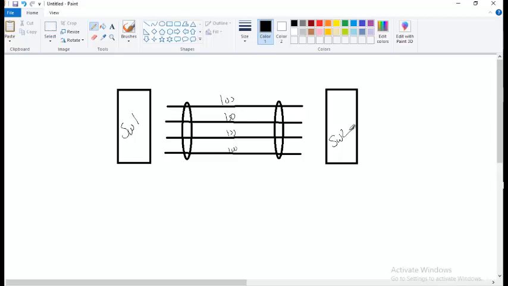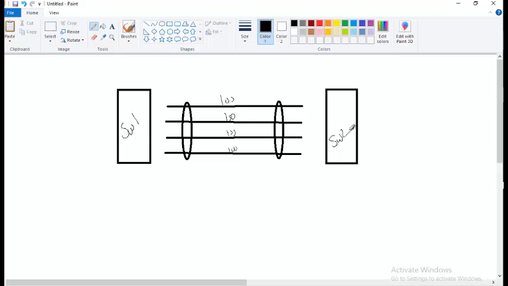The condition is both sides need to have the same link port type and port speed. All 4 links need to have the same duplex, same speed.